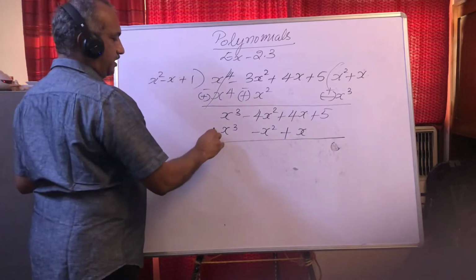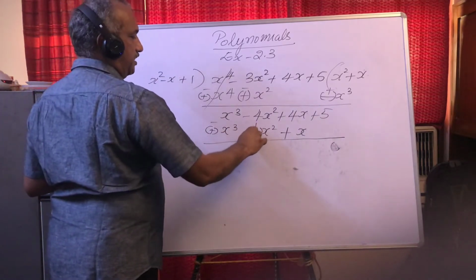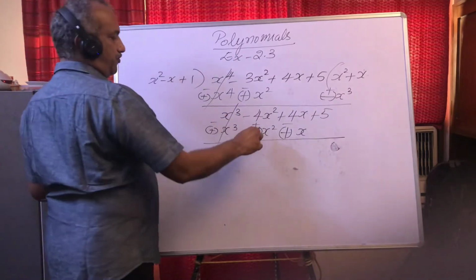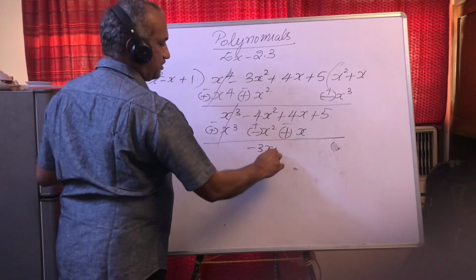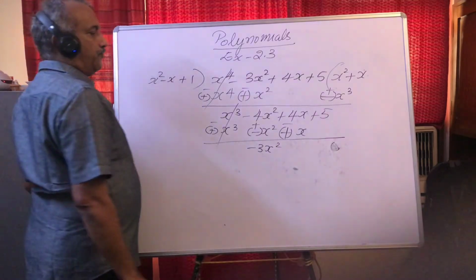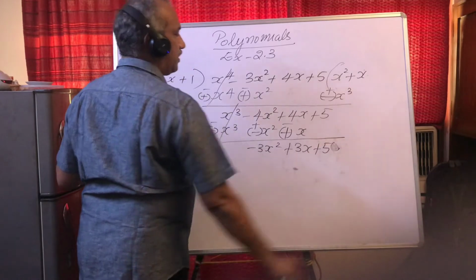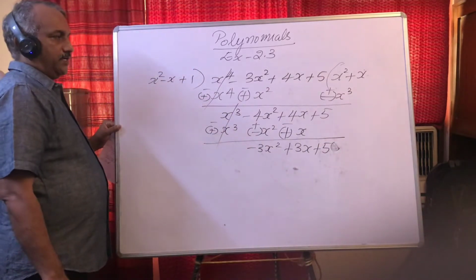Now again change the sign, plus minus, minus plus, plus minus. This is cancelled. Minus 4 plus 1, minus 3x square; 4 minus 1, plus 3x plus 5. So second division is over.